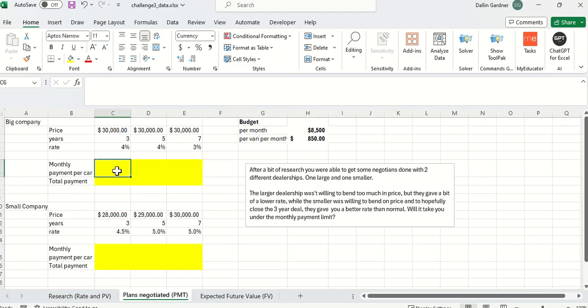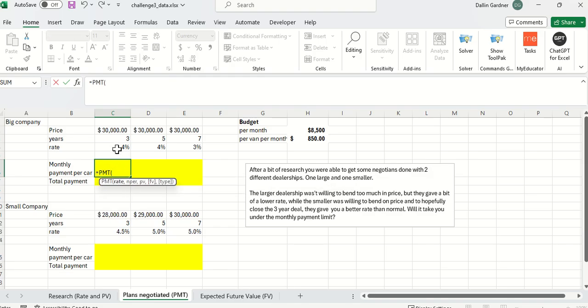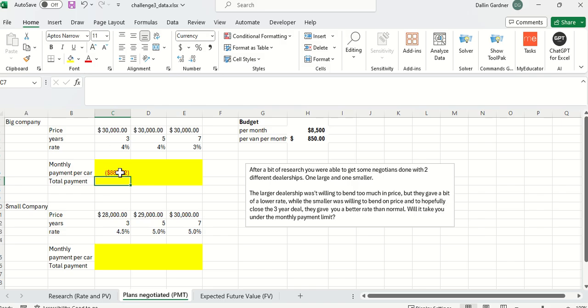So we're going to go ahead and find the payments. We've got the rate of 4% divided by 12, number of periods times 12, present value, and future value of 0. And that's our payment.